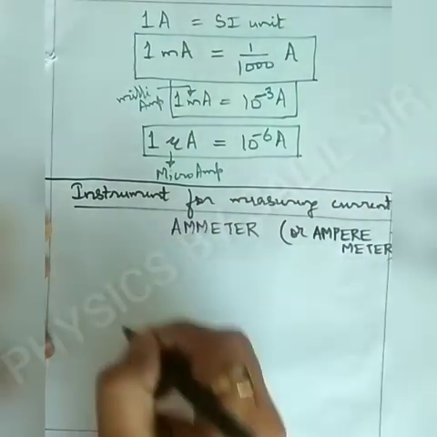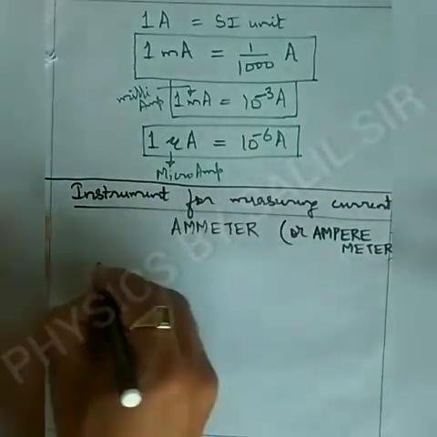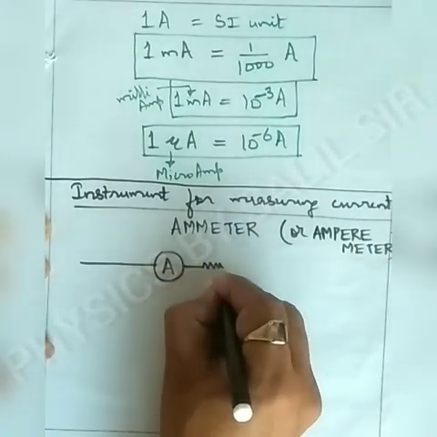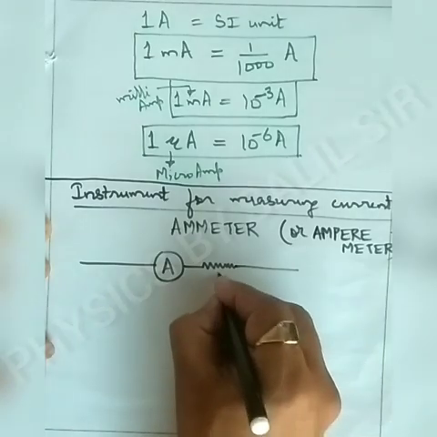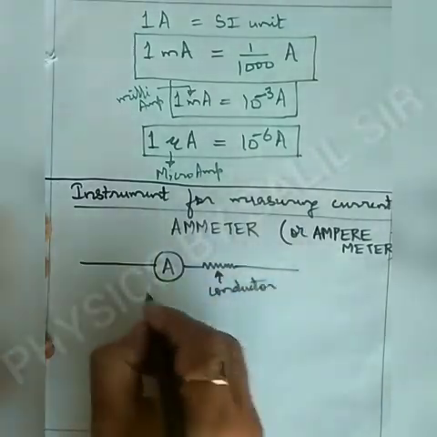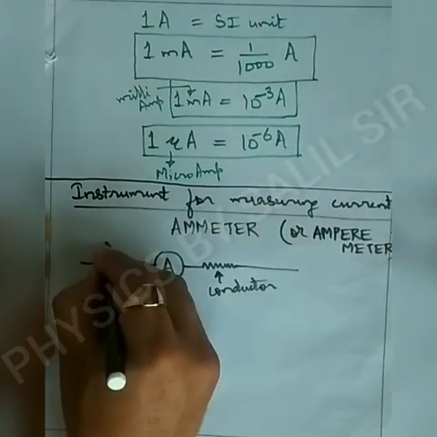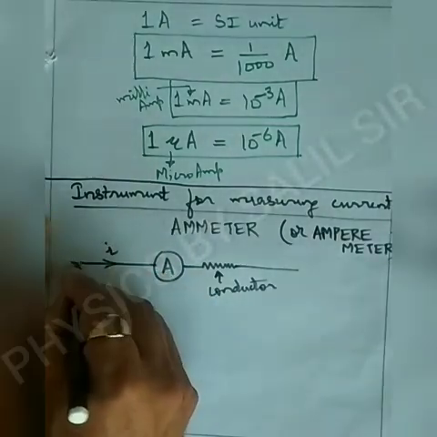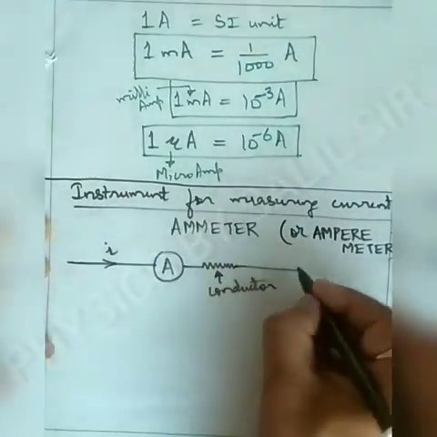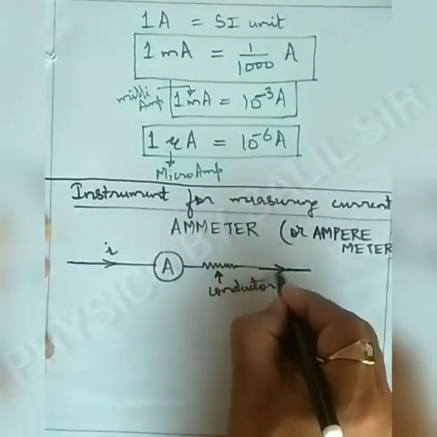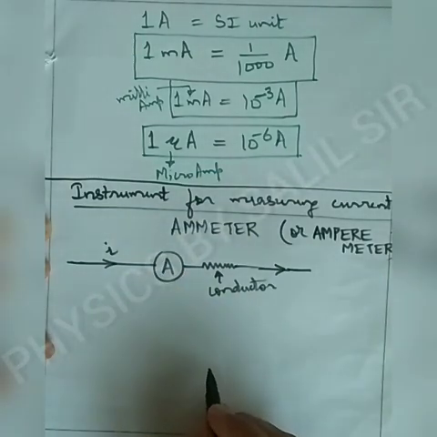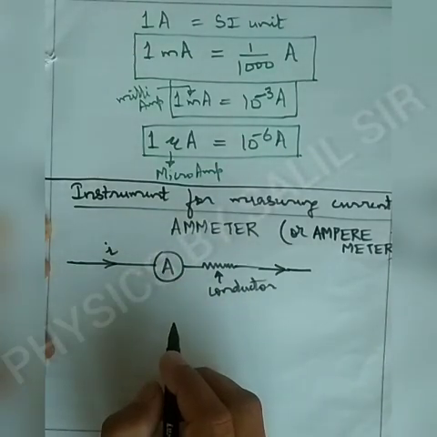Commonly it is called ammeter. So this ammeter is used in series with the circuit. Suppose this is a conductor and the current starts from the source, and if we want to measure the current flowing in the circuit, then we can measure by using an ammeter in series.